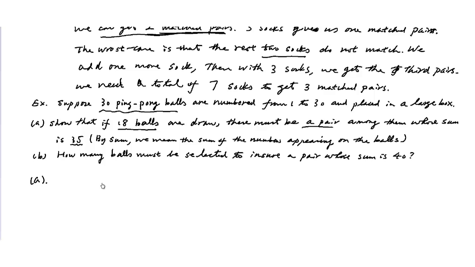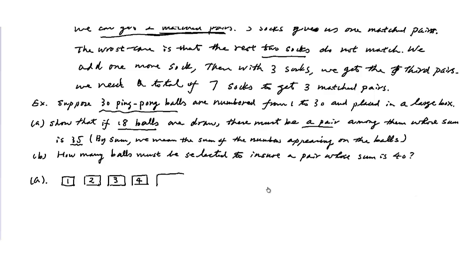So we go this way. The first hole is just a single ping pong ball with number 1, and then the second category is the ping pong balls with numbers 2, 3, and 4.